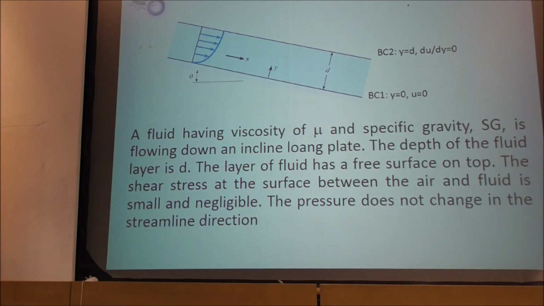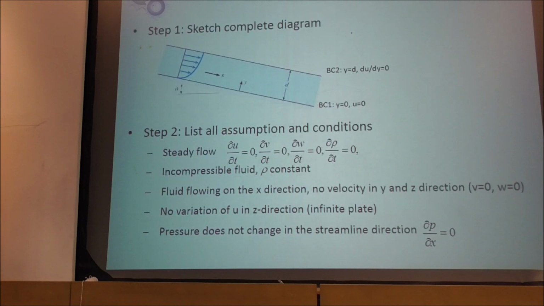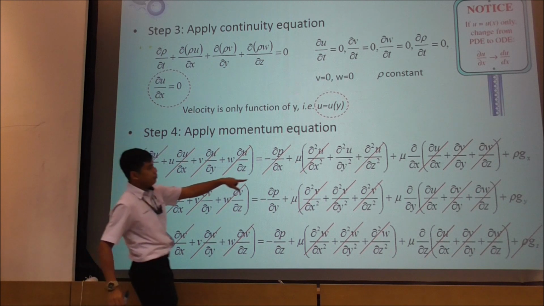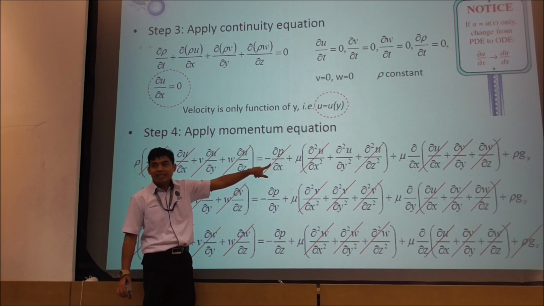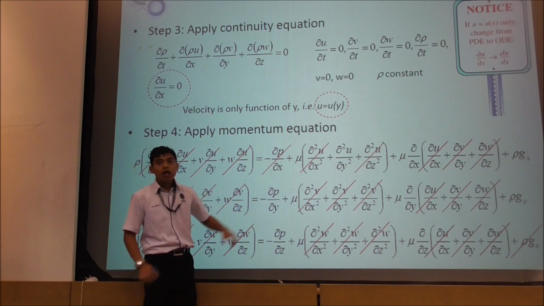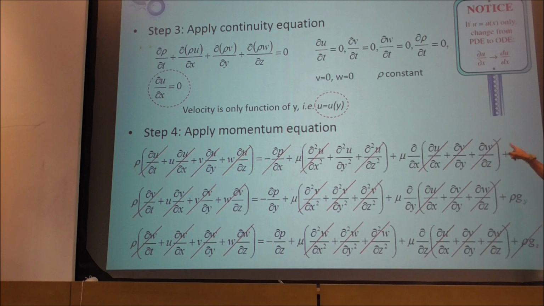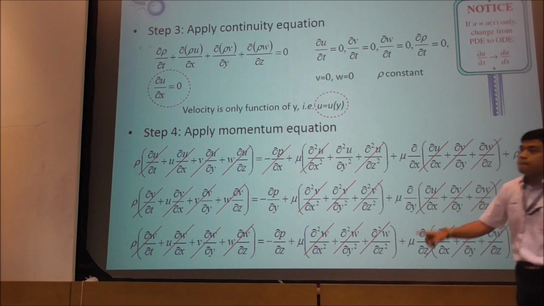So what will happen is, because your dp dx is equal to 0, you realize last time your dp dx is not scratched, now it is scratched. This one scratched. But, see this? Previously, we don't have gravity in the x direction.